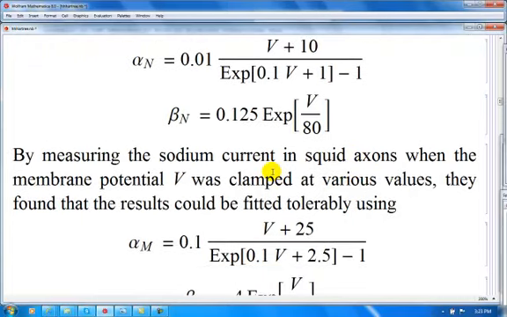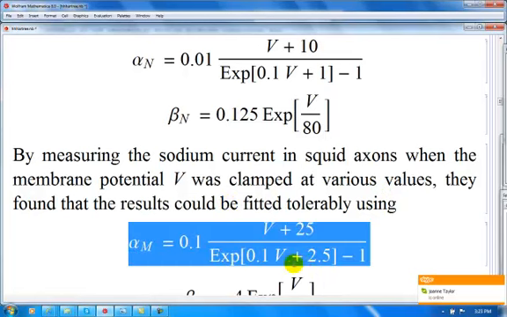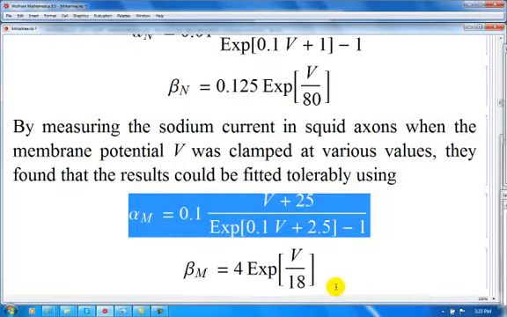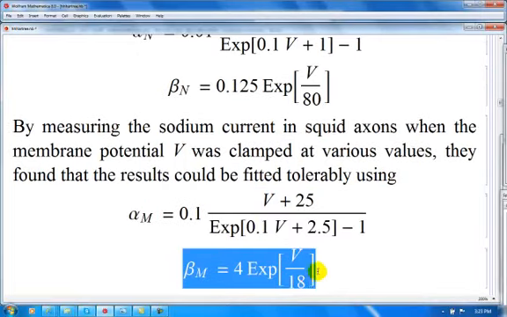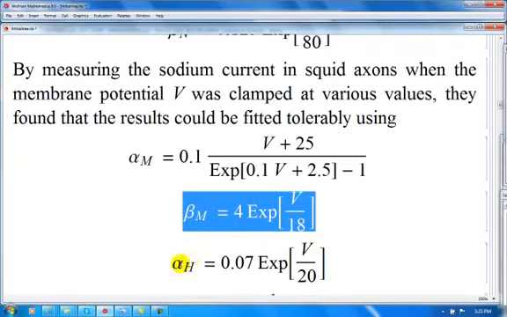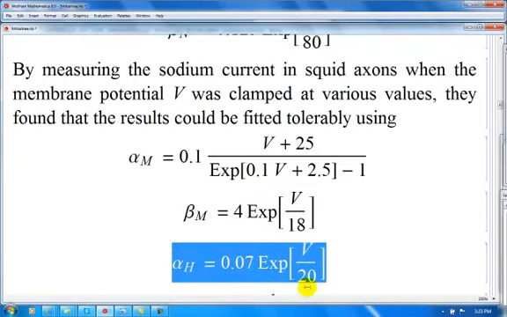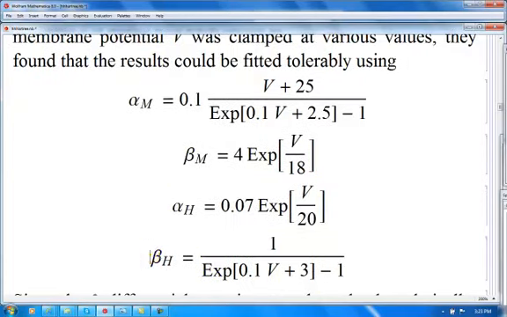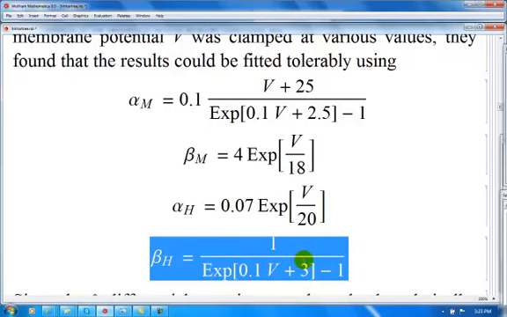And then by measuring the sodium current in squid axons when the membrane potential was clamped at various values, they found that the results could be fitted tolerably using these expressions here. So these are found by fitting the experimental measurements to the solutions of those differential equations.